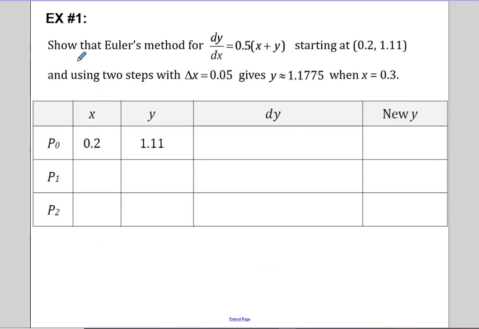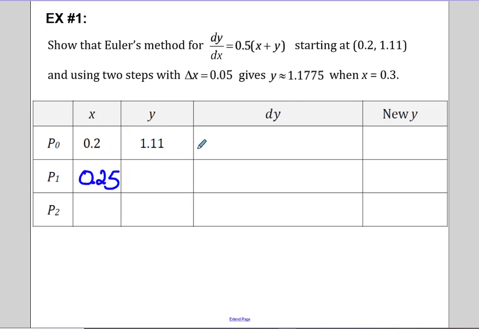In this one, we want to show that Euler's method for dy/dx is a half times x plus y, starting at 0.2, 1.1, and using two steps with the delta x 0.05, that it's going to give us this value when we get to 3/10. So if we add 0.05 to 0.2, then we're at 0.25.